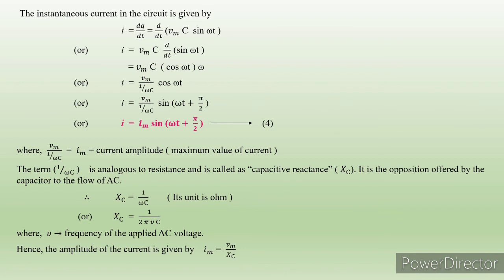This is equation 4, where Vm divided by 1 by omega C is equal to Im, the current amplitude or maximum value of current.